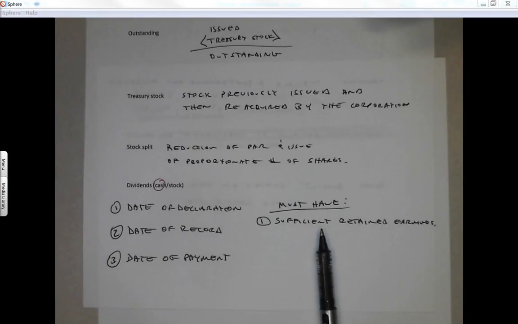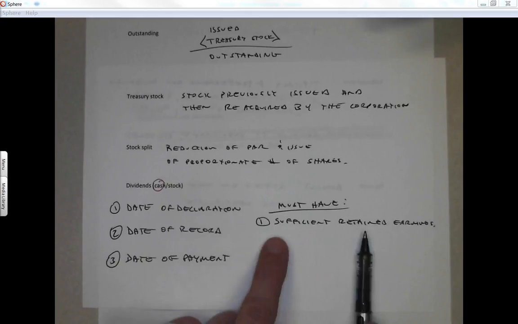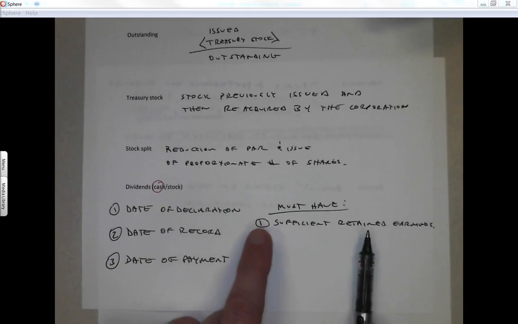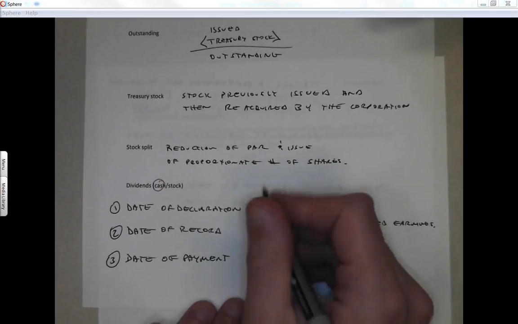A dividend, by definition, is a distribution of previous earnings. Maybe you've had profits, but you've had previous dividends that have distributed significant or mostly all of your previous profits. If you don't have retained earnings, you cannot declare and issue dividends.